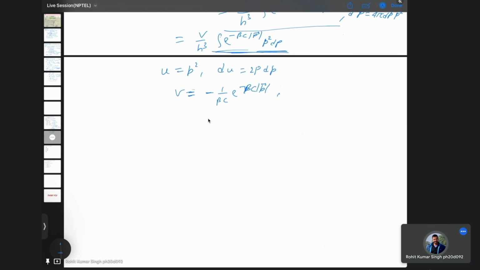So that your dv will be equal to e to the power minus beta c p dp, right?